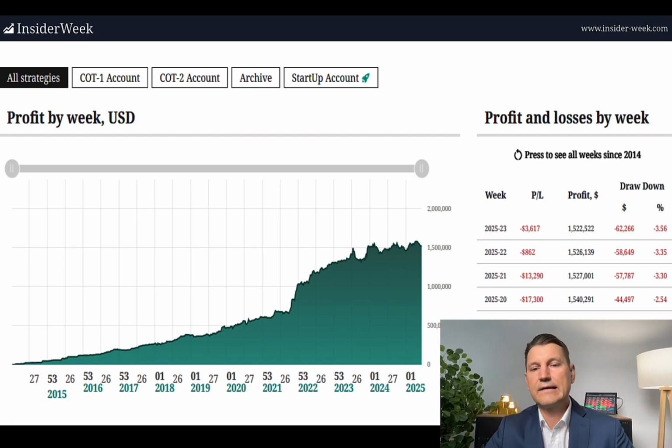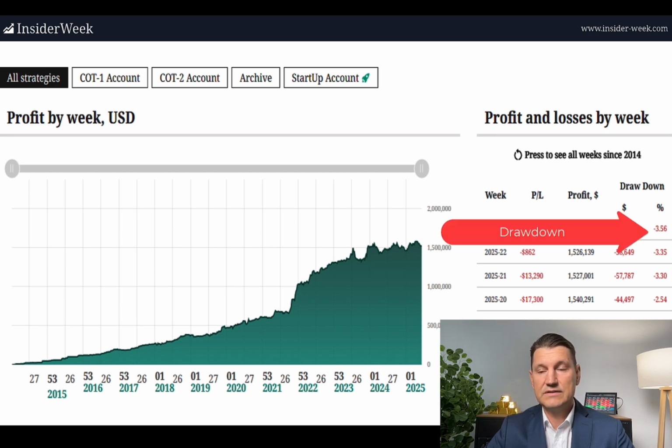As usual, I start with my trading account. As you can see, my account size is $1.5 million, and my current drawdown is 3.5%. Last week was 3.3% and this week is 3.5%.